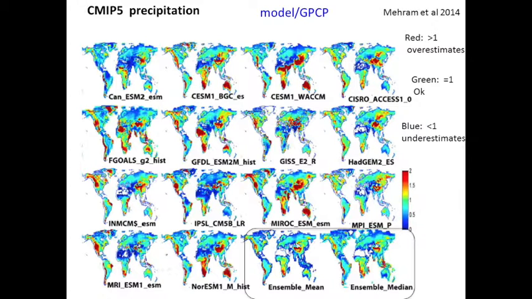The most extreme negative errors occur in Central America, close to the polar region, and also in the Indonesia region.